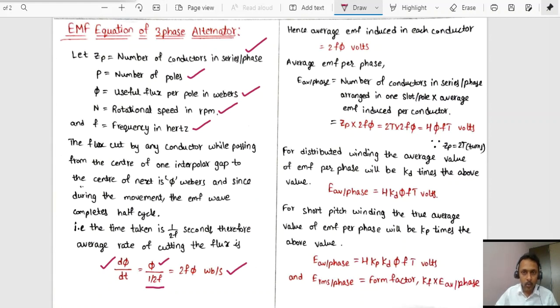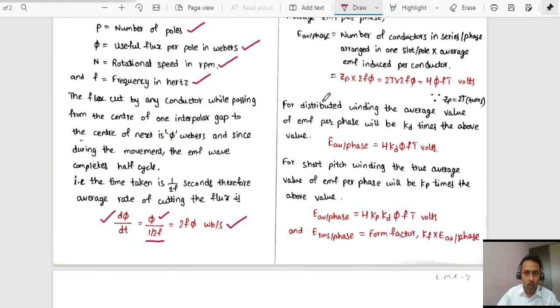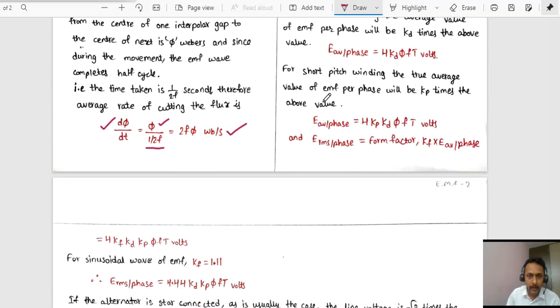The same 2f phi you can also find in another manner. Here I will show you. For example, let N be the speed of the rotor in RPM, right? That means N revolutions per minute. So in seconds, N by 60 revolutions per second.